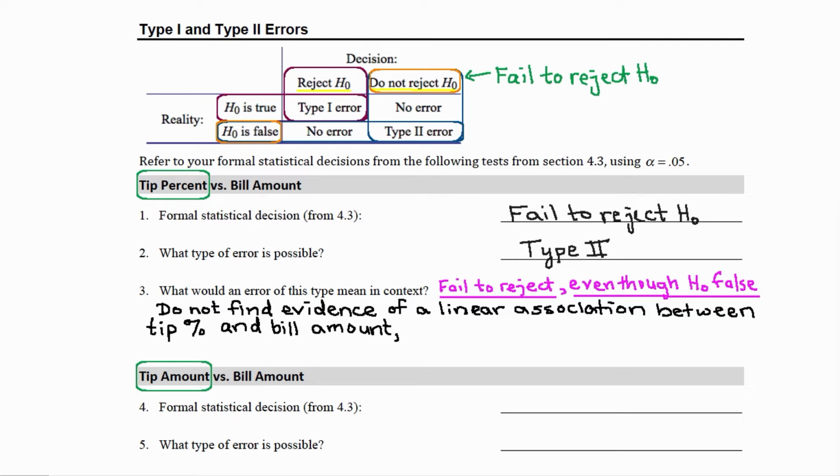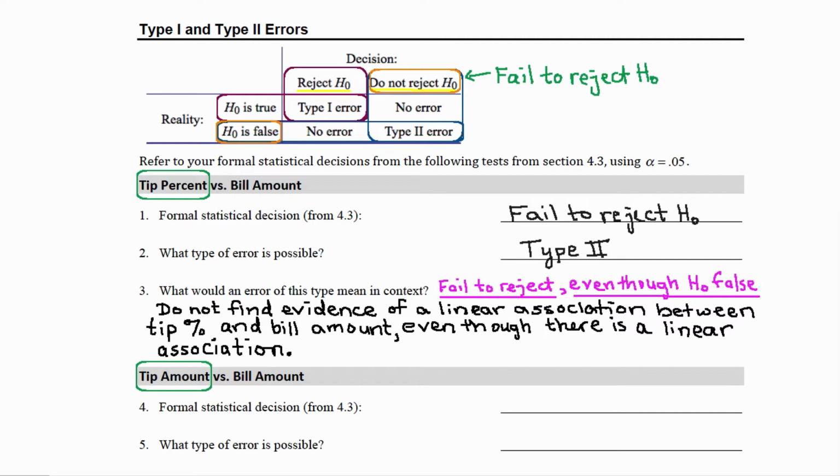We did not find evidence of a linear association between the tip percent and the bill amount. And now we need to say the second part, which is even though the null hypothesis is false, meaning even though there is a linear association between tip percent and bill amount.